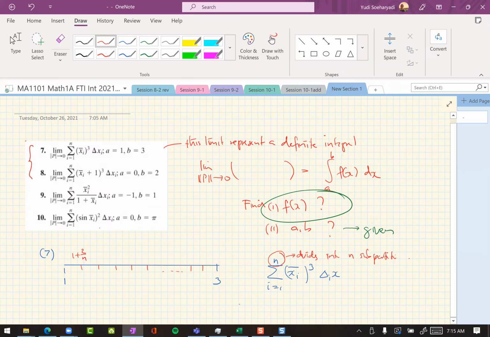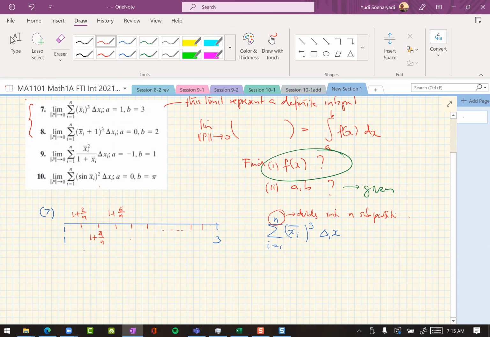Because this length is 2. The next one is 1 plus 4 over n, and this one is 1 plus 6 over n, and so on. So this is x naught, x1, x2, x3, and so on.